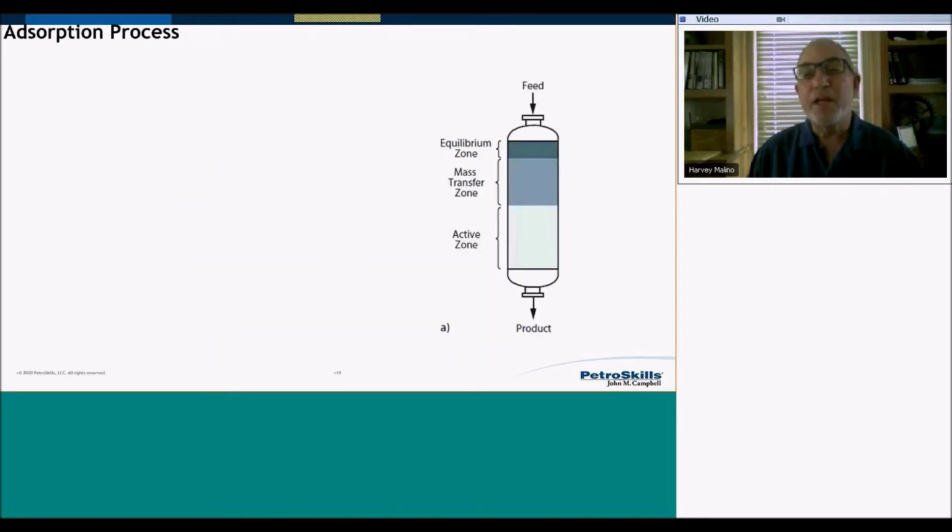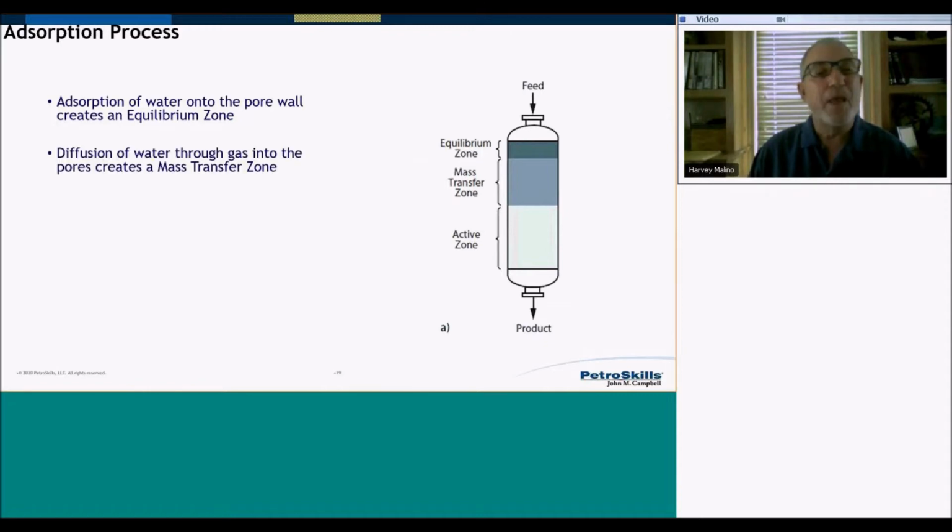So let's take a look at what an adsorption process consists of. You have an equilibrium zone. The equilibrium zone is that portion of the bed that is fully loaded with water. It cannot handle any additional water, so you've reached equilibrium.